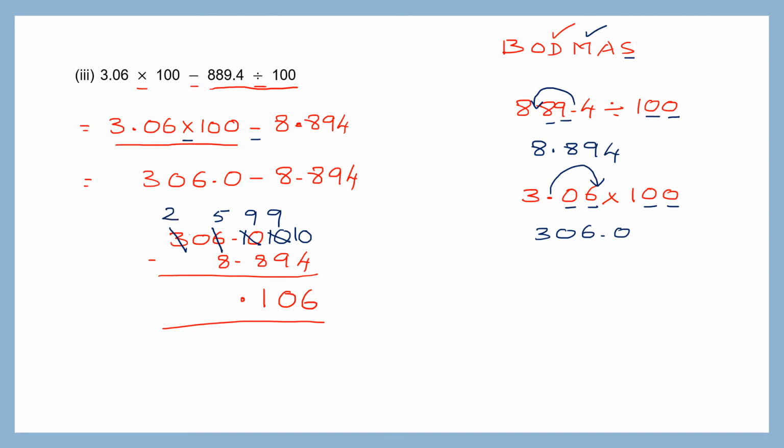So this is 10, 2, this is 10, 9 and 15. 15 minus 8, 7. I bring down the 9, I bring down the 2. So what is my final answer? My final answer is 297.106.